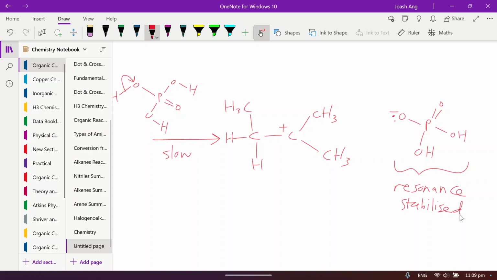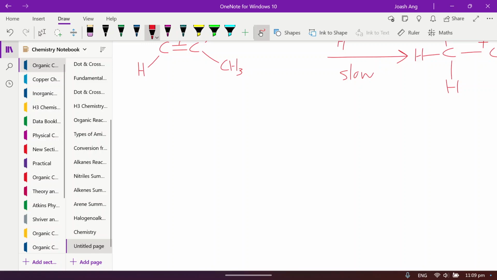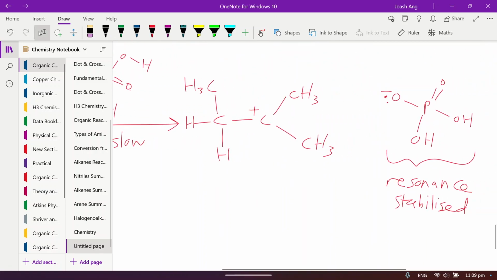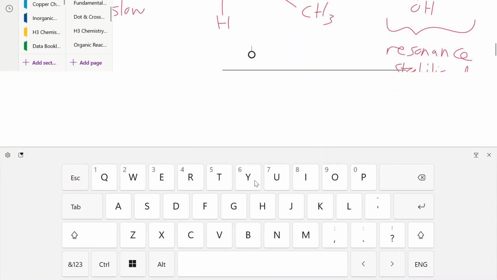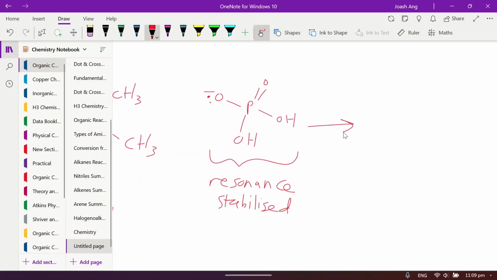Okay? Then the next step, usually we would use water to attack the carbocation. And this causes this product to form.